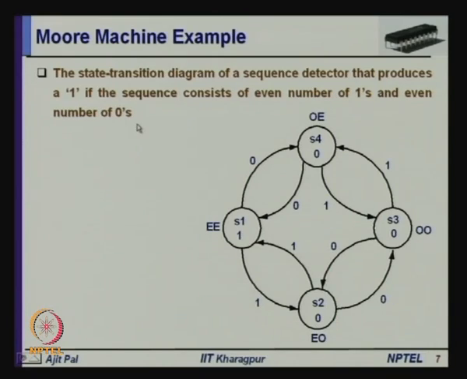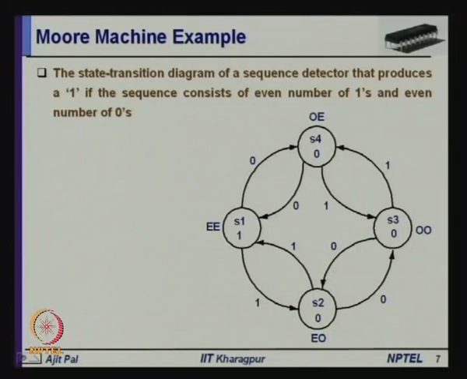That means, suppose you have inputted a sequence of zeros and ones and finished the input sequence, and at the end if the number of ones and number of zeros both are even, then it produces a 1. On the other hand, if the input sequence has an odd number of zeros or an odd number of ones or an odd number of both, then it produces 0. That is the functionality to be realized, and this can be represented with the help of this state transition diagram.